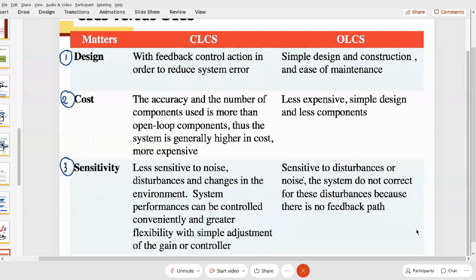For the open loop, with any disturbance, the system will follow the disturbance, because we do not measure the current output and compare it with the input. So you can see the sensitivity of the system to disturbance with and without the feedback system. Okay, so this is the difference.